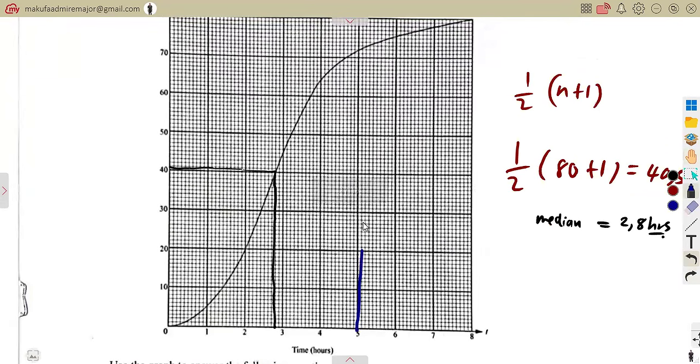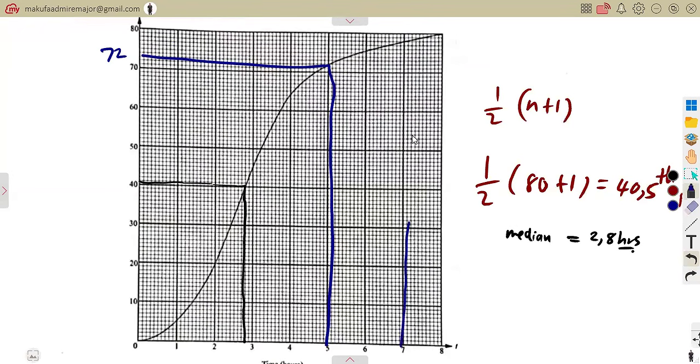Remember, at 5 hours, the value here corresponds to 72. If you take it straight at 7 hours, the value there is about 76, actually a little more, just 2 boxes above 76.